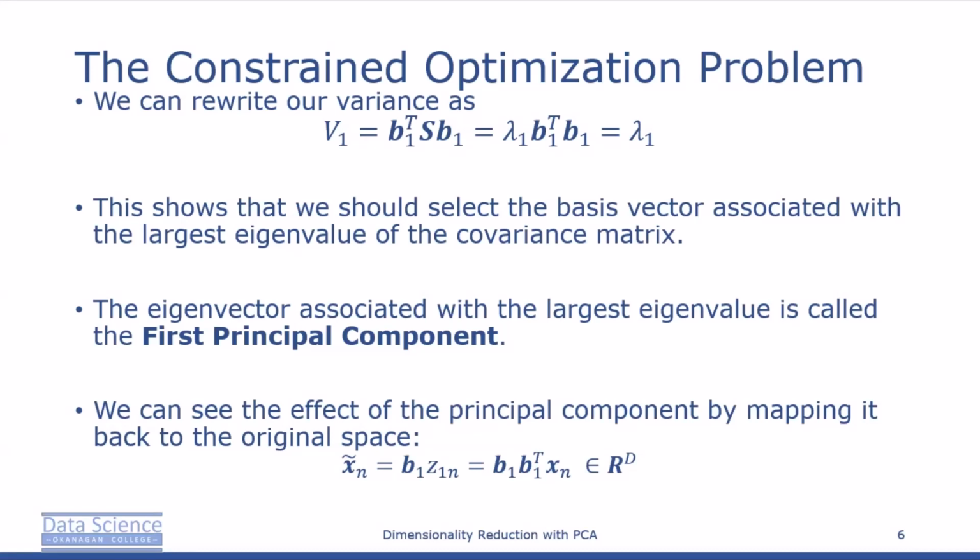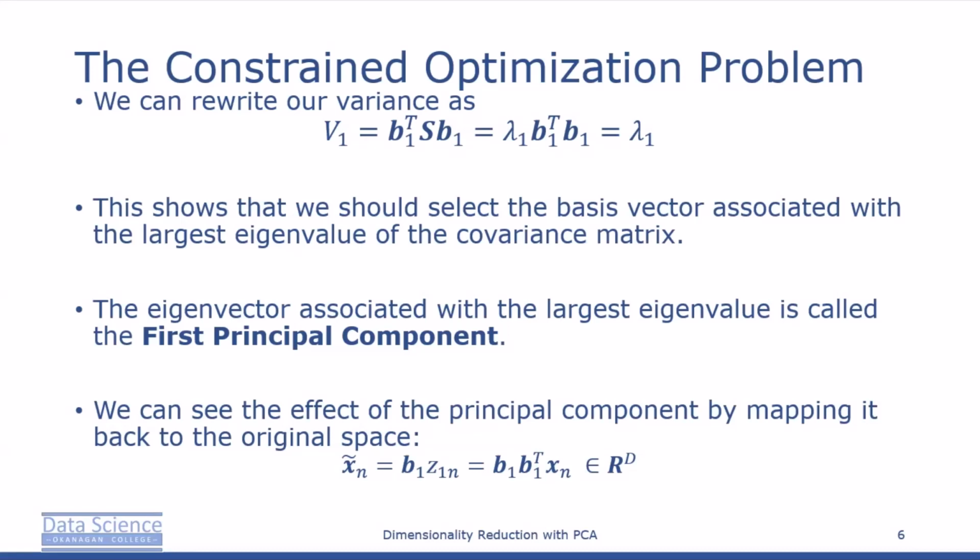By comparing what we have with the definition of the eigenvalue decomposition, we can see that b1 is an eigenvector of the data covariance matrix S, and the Lagrange multiplier lambda 1 plays the role of the corresponding eigenvalue.